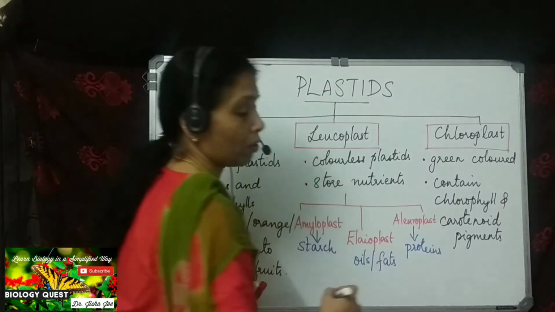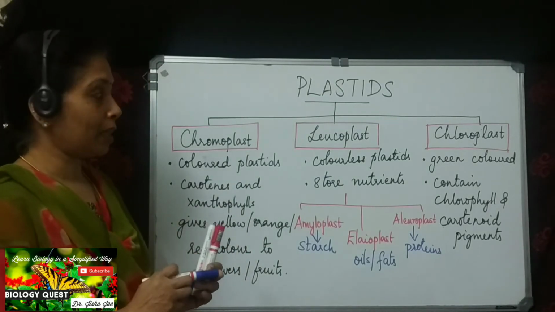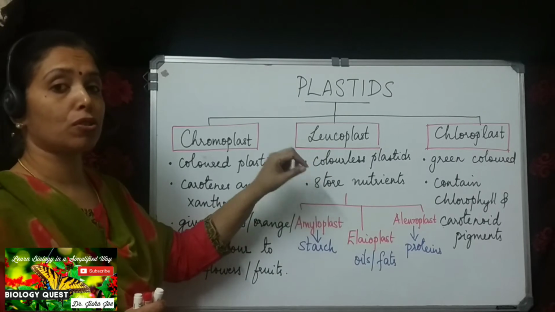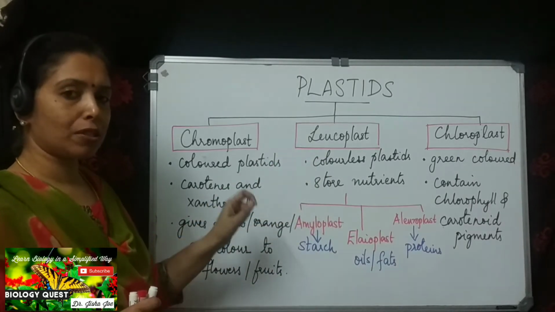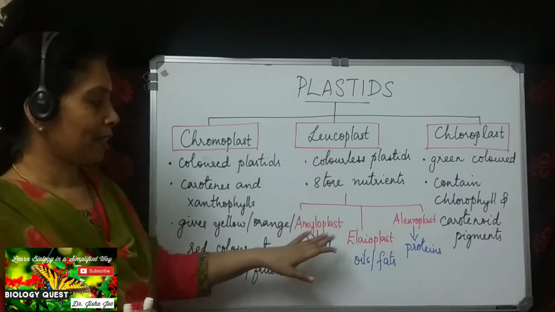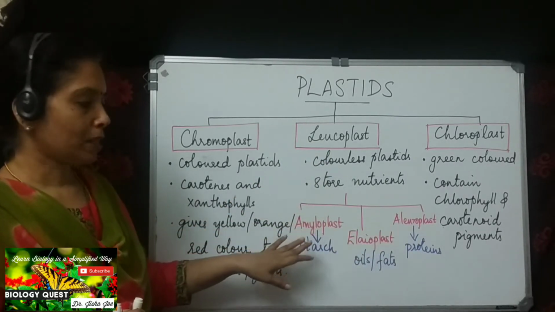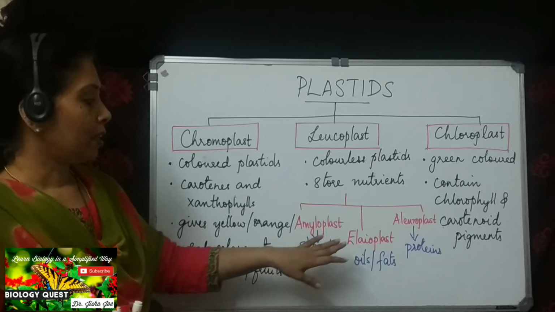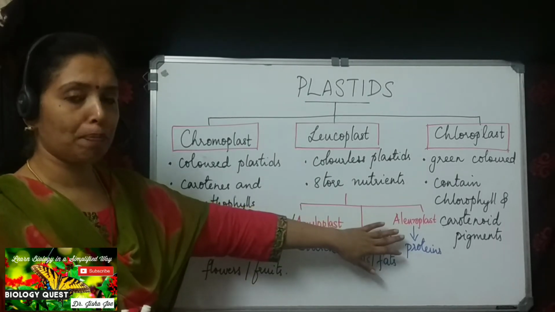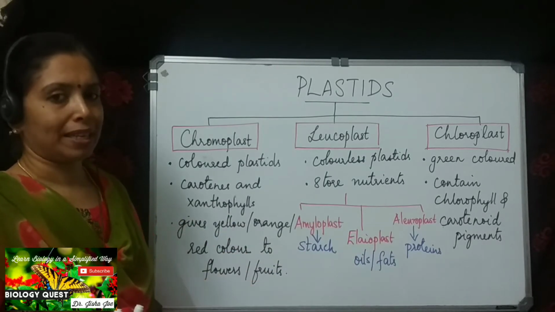So, the function of the leucoplast is to store nutrients, and based on the type of nutrients stored, they are classified into three: amyloplast, which stores starch, elaioplast, which stores oils or fats, and aleuroplast, which stores proteins.